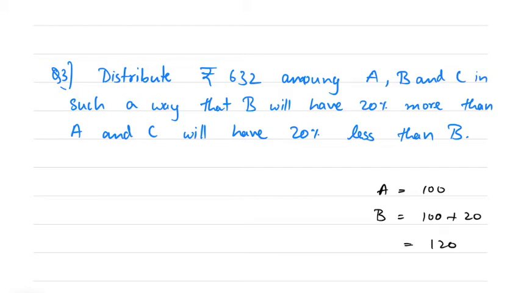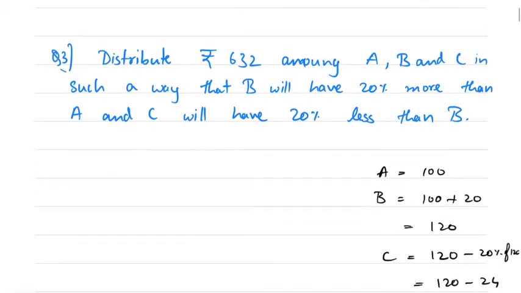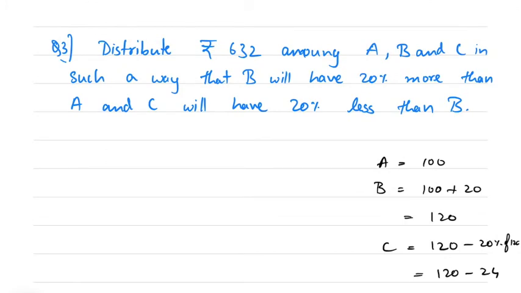And C will receive 20% less than B. So C will receive 120 minus 20% of 120. 20% of 120 is 24.